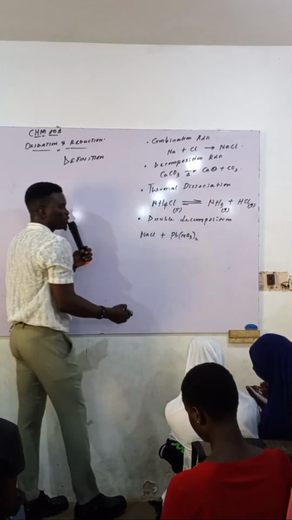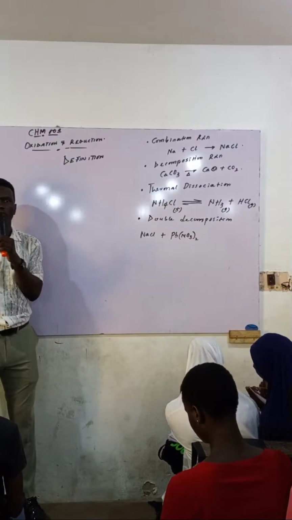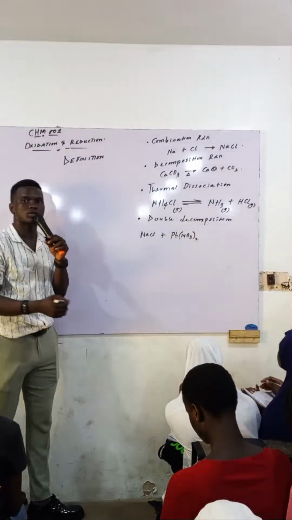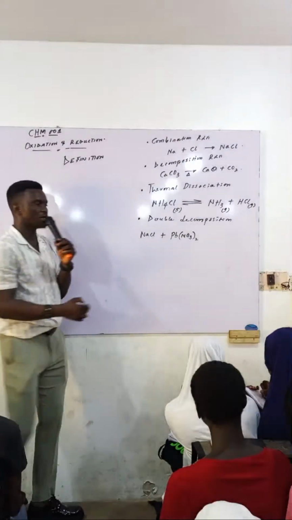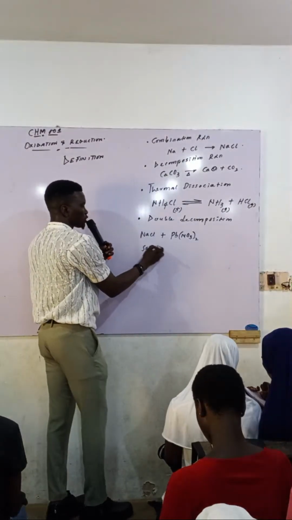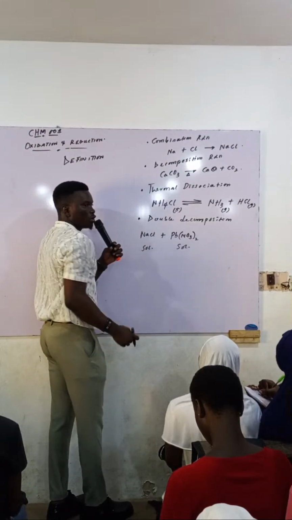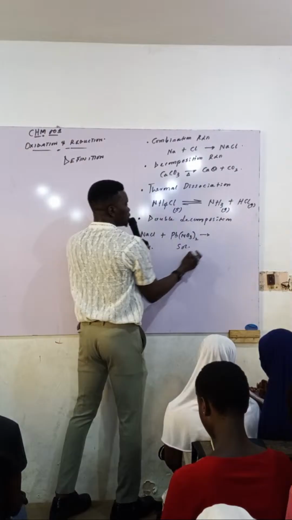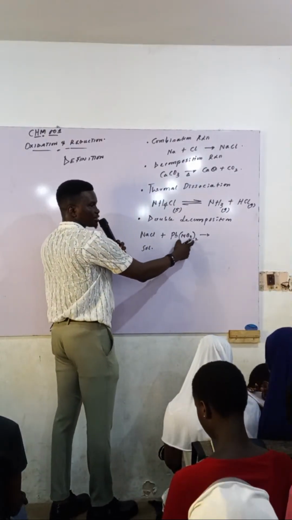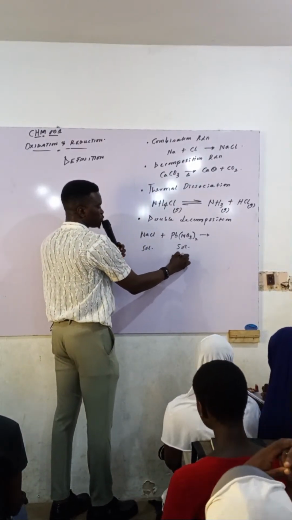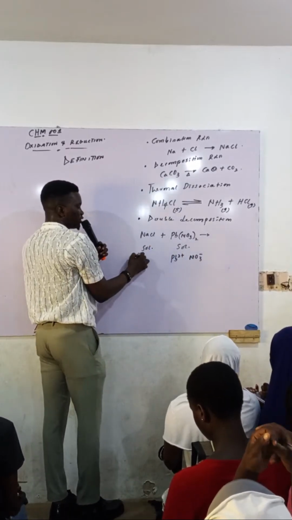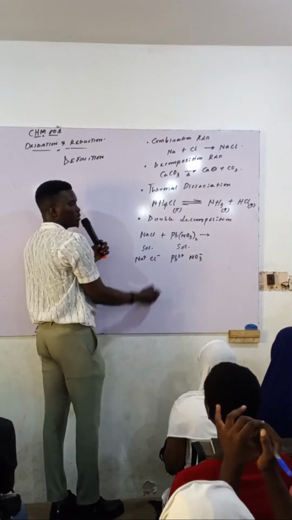When you treat acid, base, and salt, they will let you know soluble substances and insoluble substances. So you take sodium chloride and lead nitrate. This guy is soluble. This guy is also soluble. All nitrates are soluble. So one thing is that this guy will split. It will give us Pb2+ and NO3-. This guy will give us Na+ and Cl-.